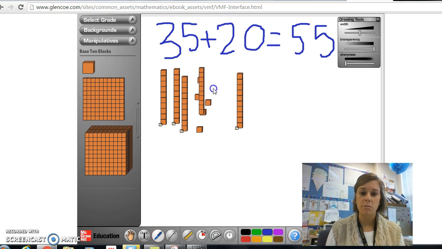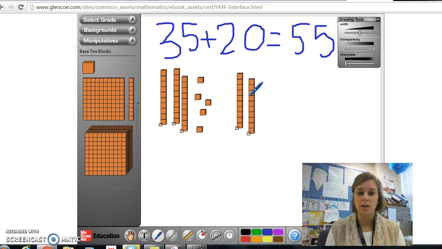And then when I count them, I always make sure I count my rods first. So 10, 20, 30, 40, 50, 60, 70. Ooh, I'm sorry, I made a mistake. Let me start over. 10, 20, 30, 40, 50, 51, 52, 53, 54, 55. So I got 55.